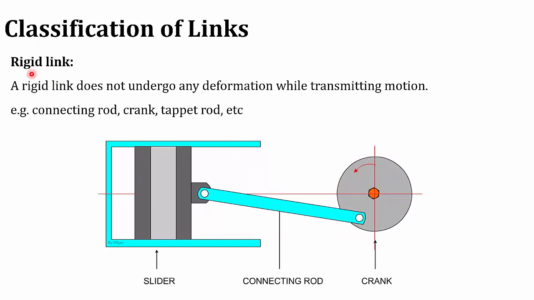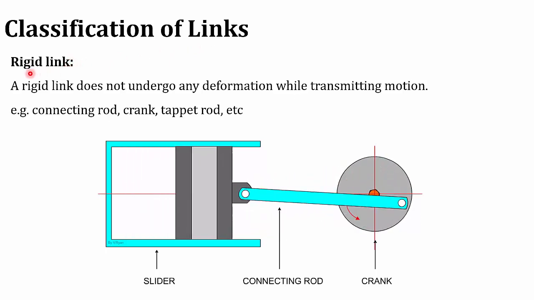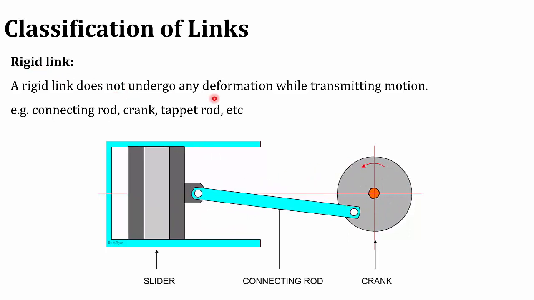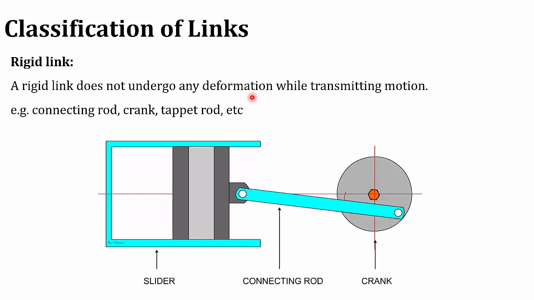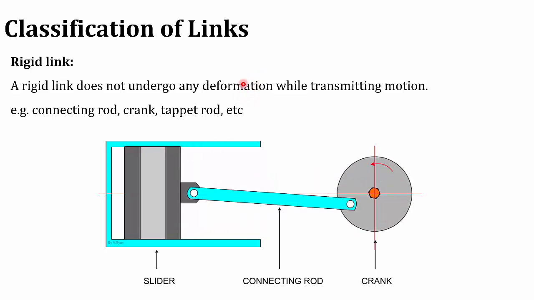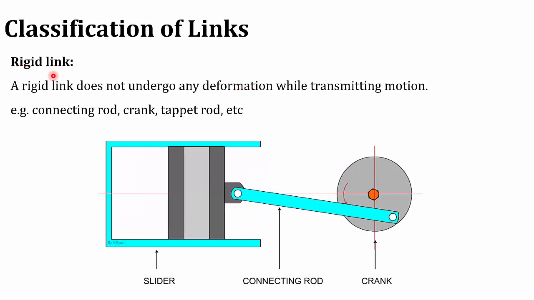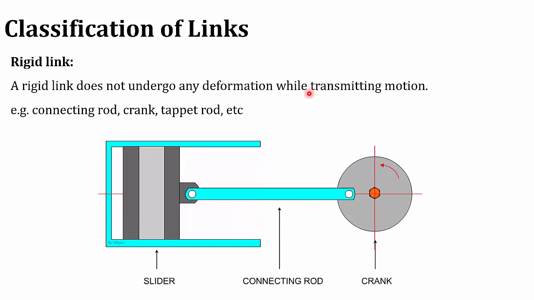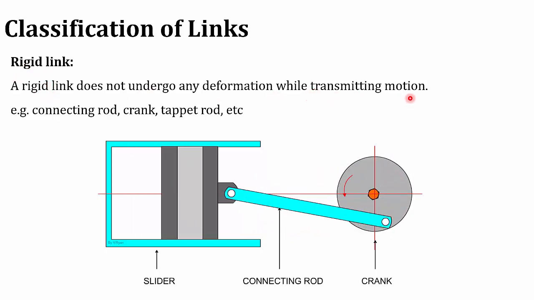First of all, what is meant by a rigid link? It's a rigid body, in the sense that the link will not undergo any deformation. You might have studied mechanics of rigid bodies or engineering mechanics. In that, we consider all the bodies as rigid. The meaning is the system will not undergo any deformation while transmitting the motion.